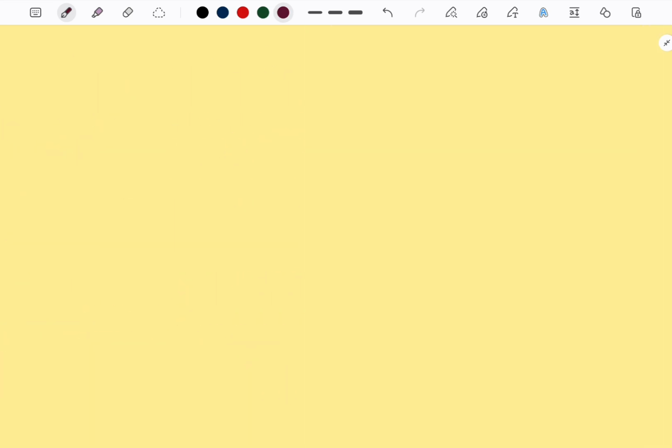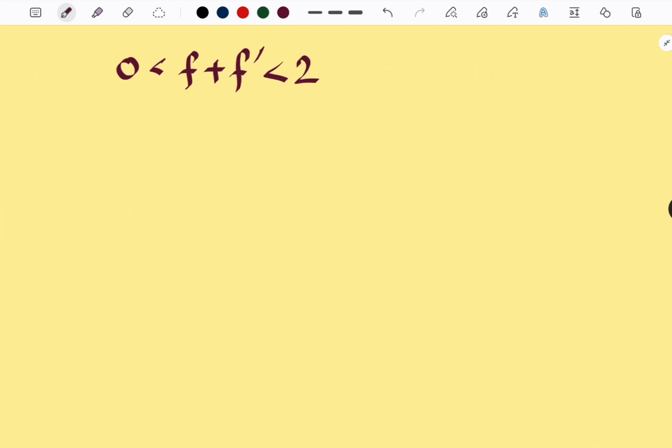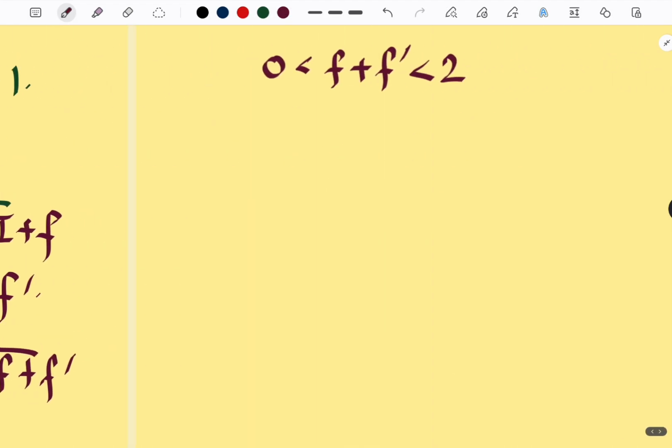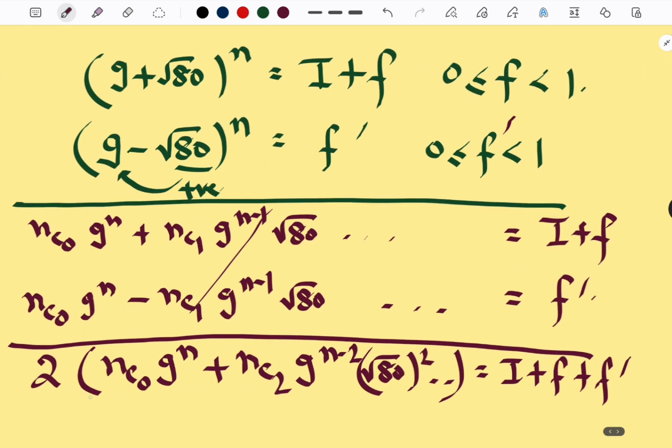Now we know f plus f' will lie from 0 to 2, even from the previous question, or you can deduce this. How? See here, f plus f': 0 at the lower end, and here 1 and 1 is 2, so the value is 0 to 2. Which integer? On the left hand side, this will obviously be an even integer.